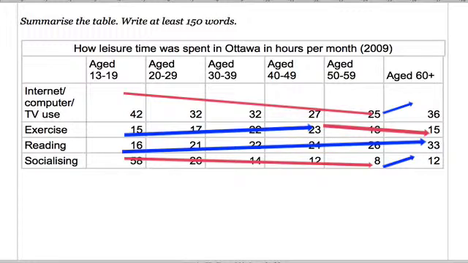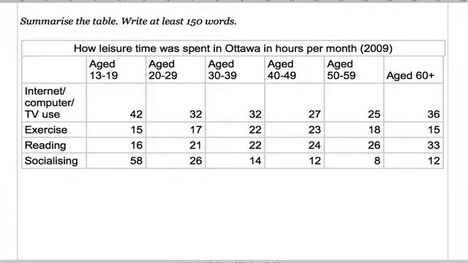So it is clear that there aren't too many common trends between these different pieces of data. And this may make describing the table and drawing comparisons difficult. In fact, it looks as though we may want to dedicate a paragraph to each of these varying trends because they are so different from each other.